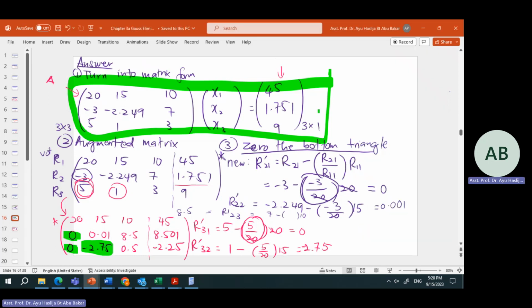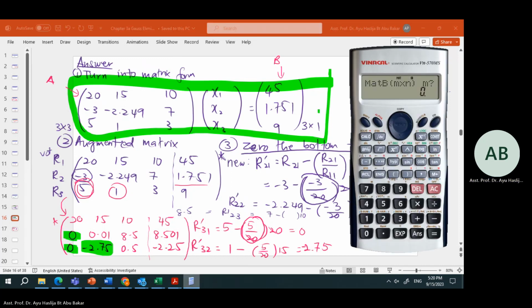Okay, this is your B. What is the dimension of B? Correct, 3 by 1. Press 3, enter 1, equal. Then input your data.